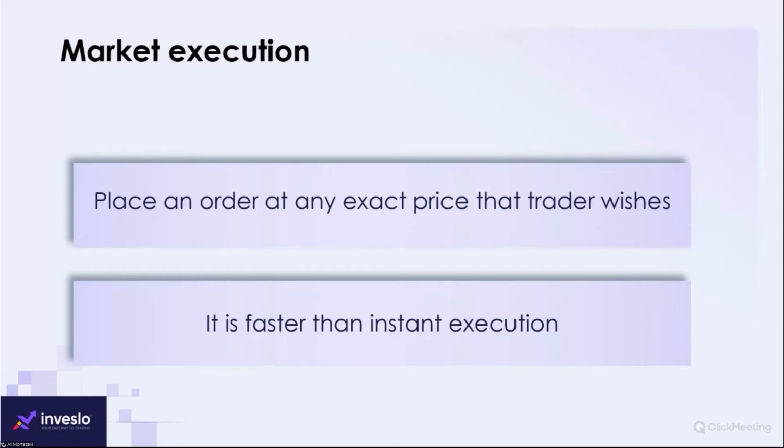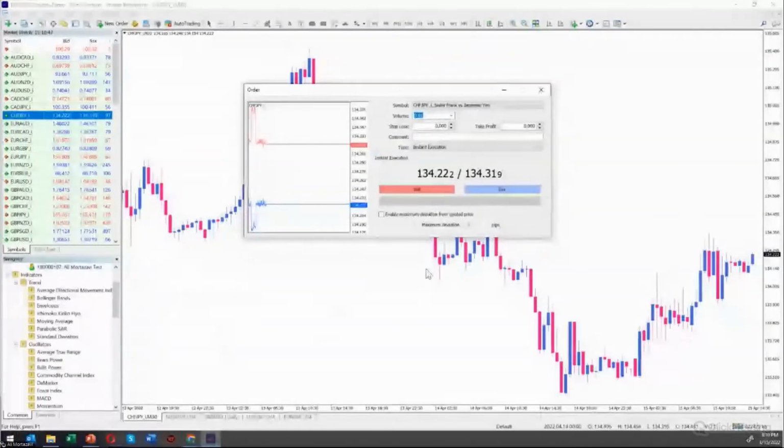You want your position to be opened as soon as possible, so the broker will execute your trade at the nearest price available in the market at that moment. It means there is no requote for market execution, and most of the ECN accounts come with market execution.